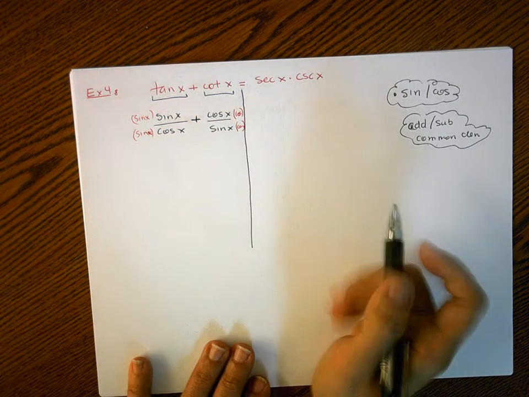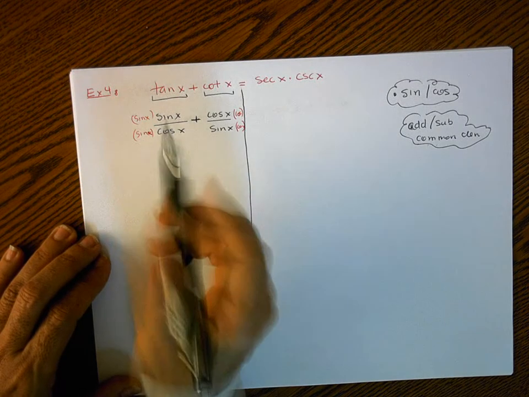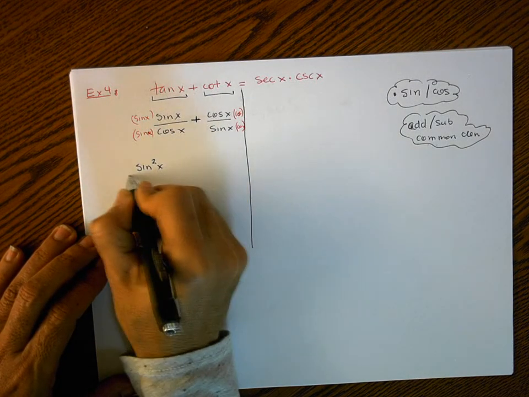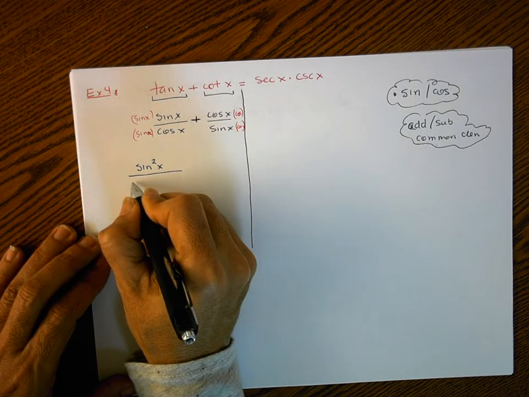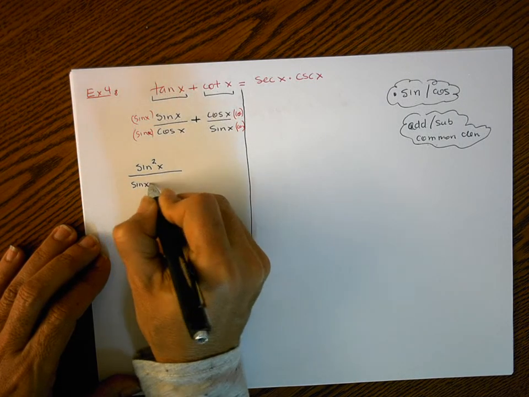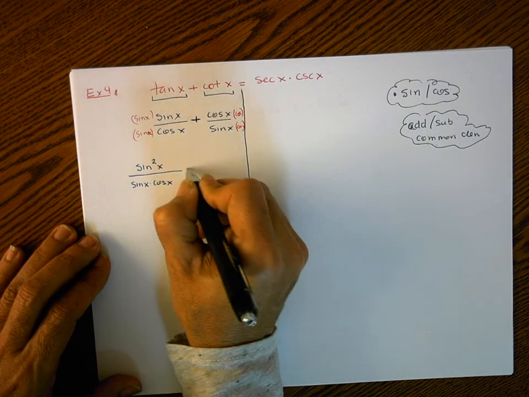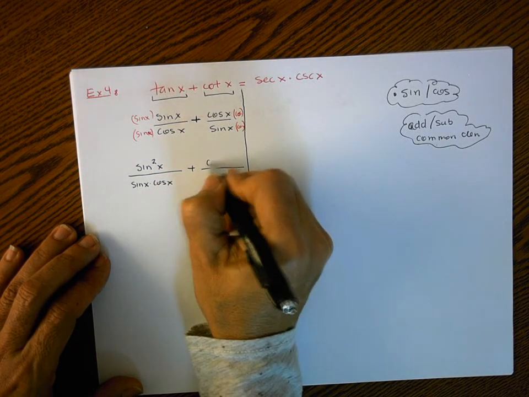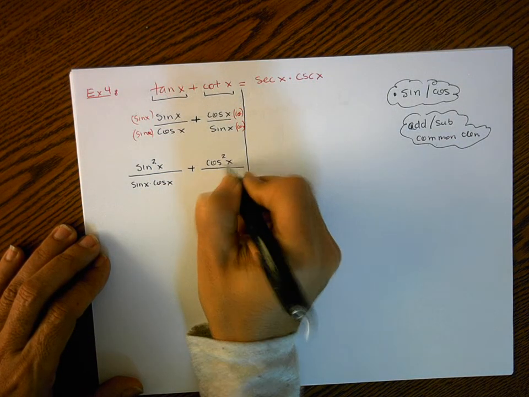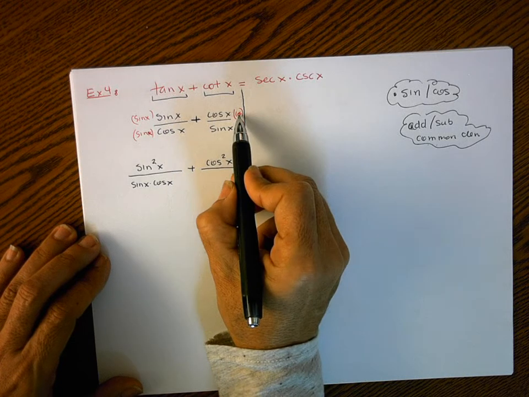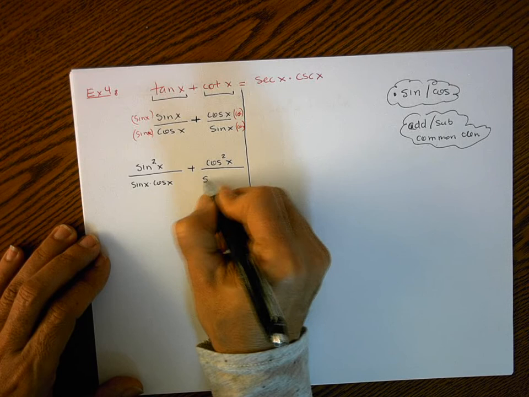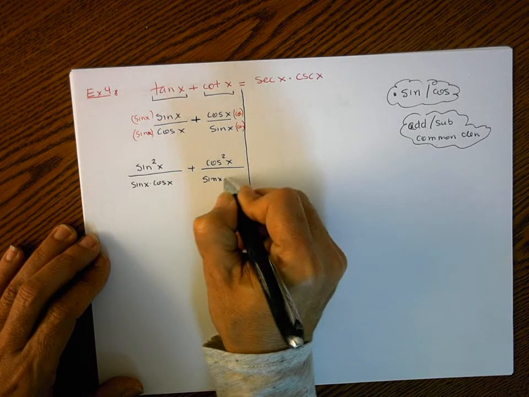So when I multiply sine of x times sine of x, we get sine squared of x all over the denominator of sine of x times cosine of x. Plus, on this side, we get cosine squared of x, because cosine of x times cosine of x is cosine squared of x. But then we have the same exact denominator of sine of x times cosine of x.